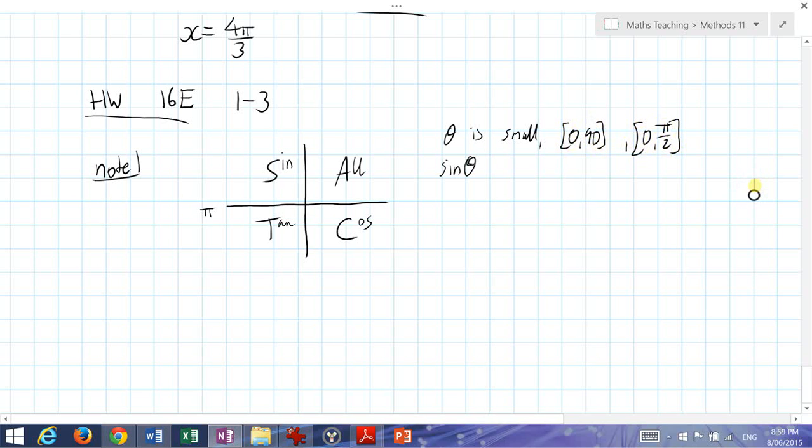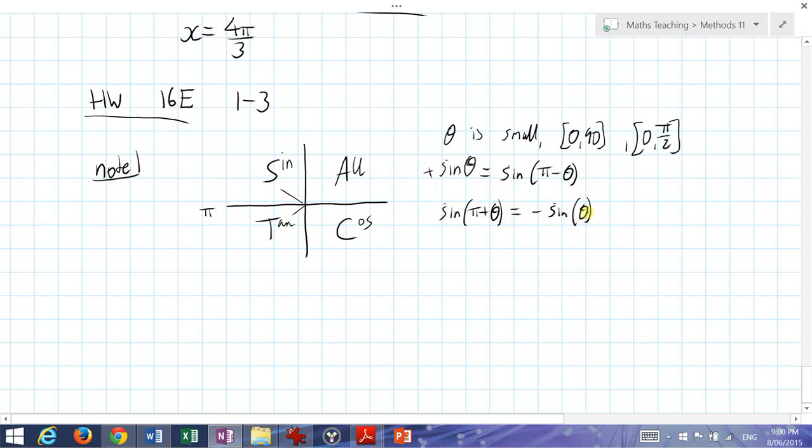If we have sine of theta, that's going to equal sine of pi minus theta. Sine of pi minus theta is in our second quadrant, so it's positive sine theta. If you had sine of pi plus theta, that's in your third quadrant, but only tan is positive there, so you get negative sine of theta.